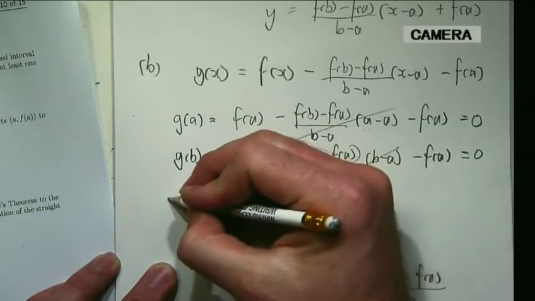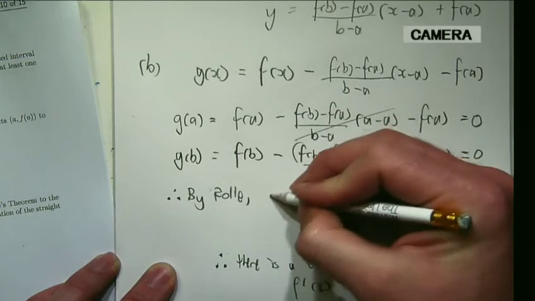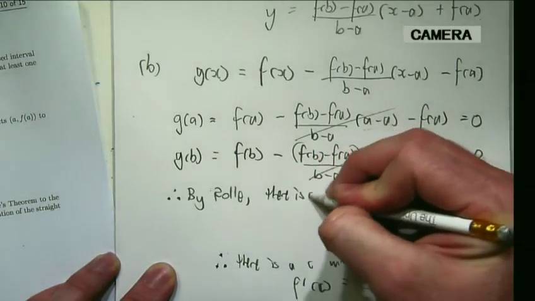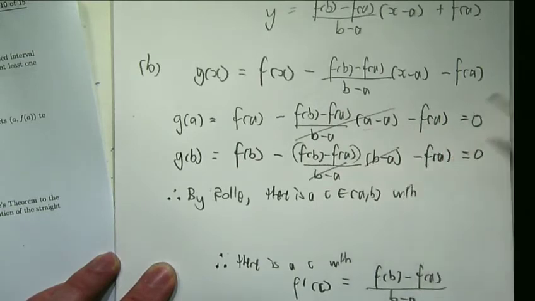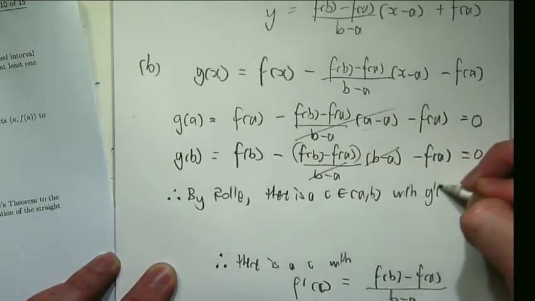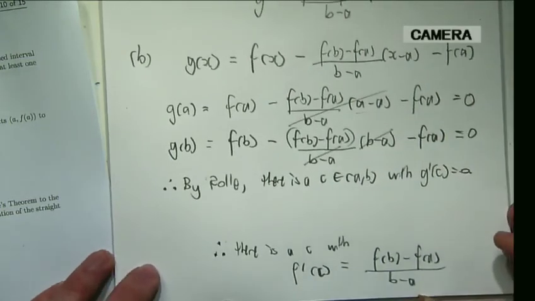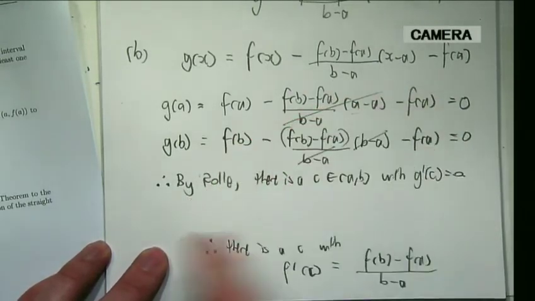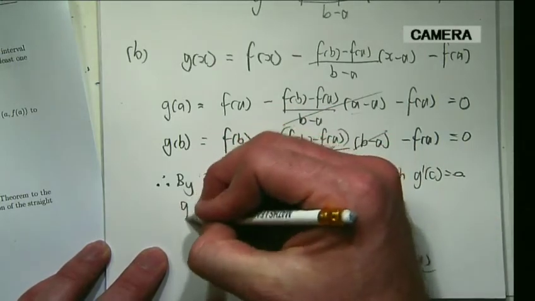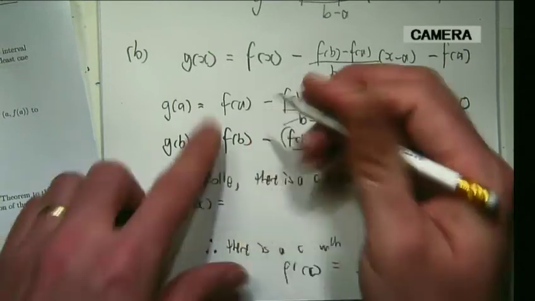Okay, so therefore, by Rolle's Theorem, there is a c between a and b with g dashed c equals 0. So all I need to do is figure out what g dashed of c is. I might run out of room here, I'm sorry. So, g dashed x, let's see.